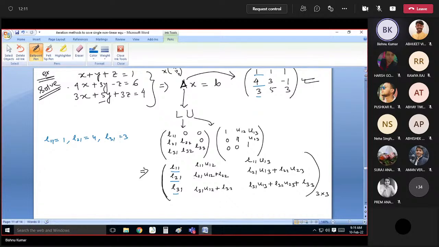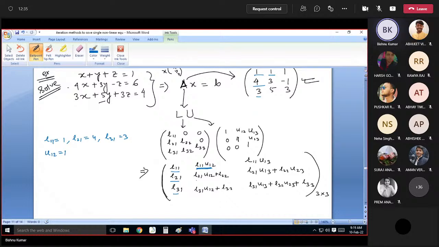Now L11 you have already calculated. So from this equation, you can get U12, isn't it? What is this value? 1. And L11 is 1. So U12 is 1, if you compare along with this element.